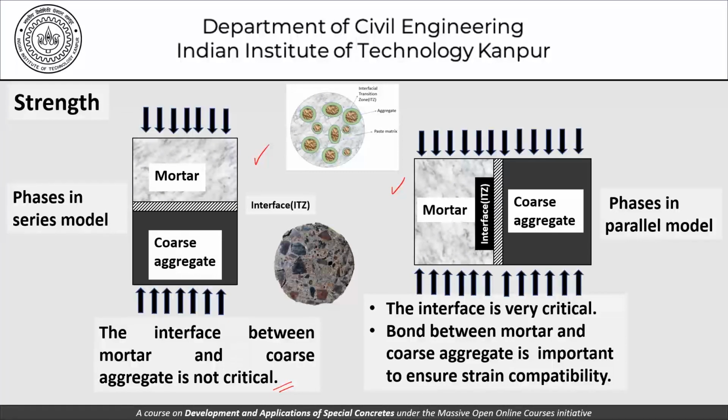So basically what we are saying is that as far as this load transfer is concerned, the strains in the three components have to be the same. And for that to happen, there has to be a good bond here. And that's why it's important to have the interface having certain properties. If the interface is weak, the bond is weak, and the concrete will behave very differently.